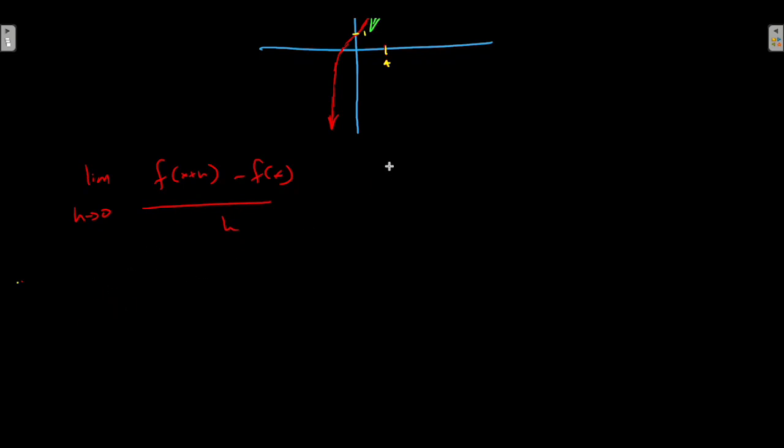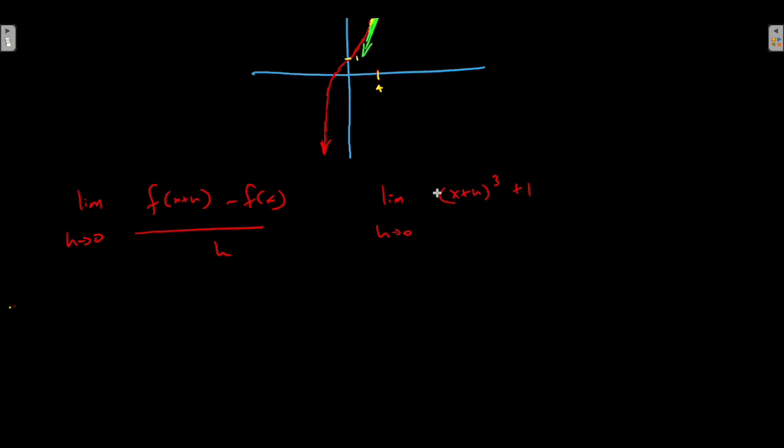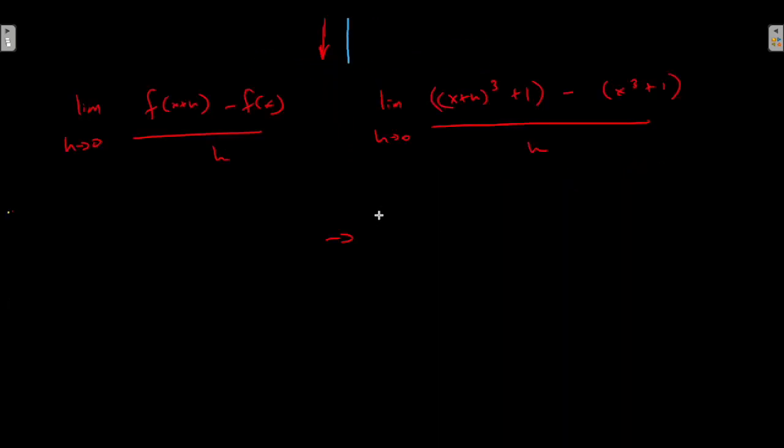Actually, I'll do this on the right side. x cubed becomes (x plus h) cubed, and then the plus 1 is just plus 1, minus f of x, which we know is x cubed plus 1, all over h. And now simplifying, we have limit as h approaches 0.